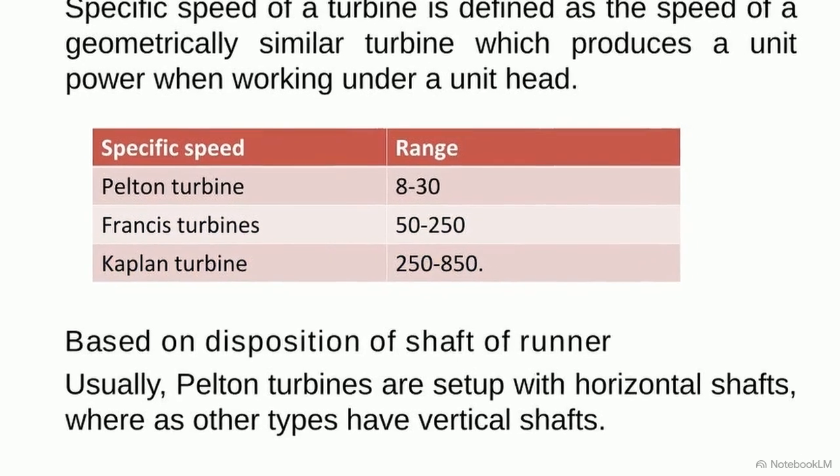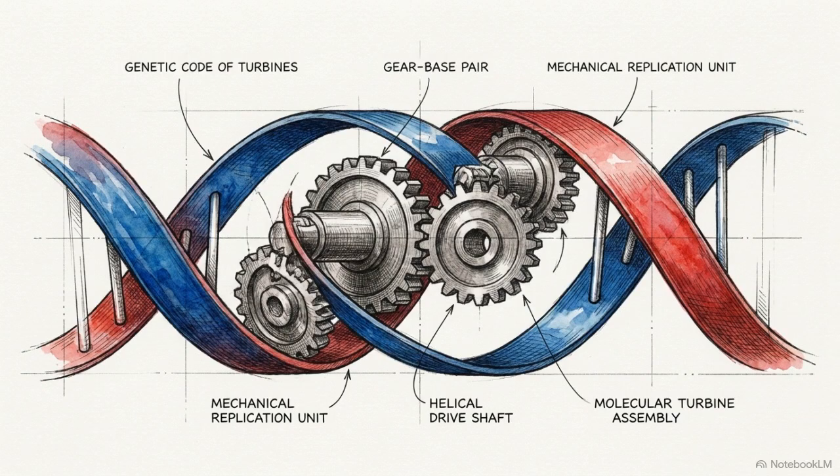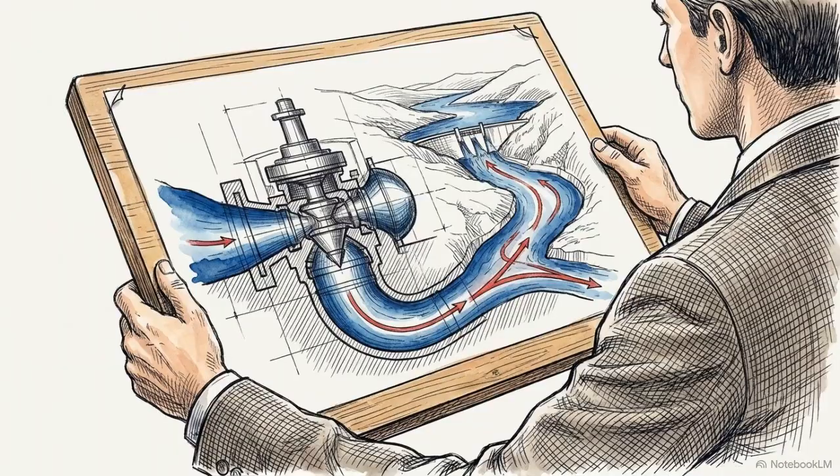These speeds dictate orientation. Pelton turbines require horizontal shafts, while Francis and Kaplan typically mount vertically. Specific speed acts as the genetic code of the turbine. Calculating it tells an engineer exactly what shape, size, and orientation is required for a given site.